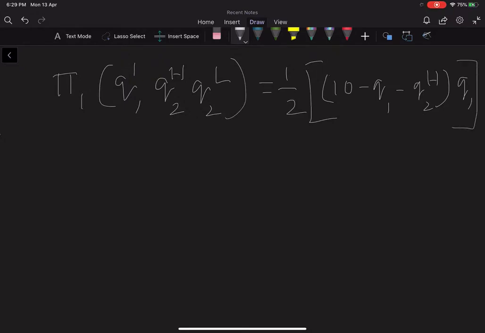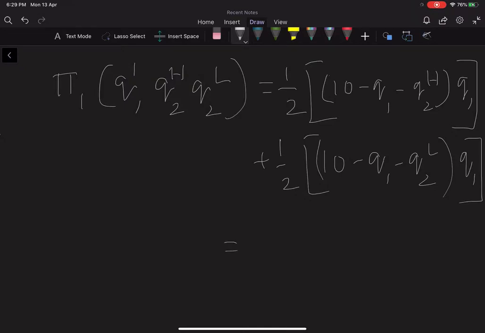So that is the profit in the event that nature has moved high type, plus half times 10 minus Q1 minus Q2L times Q1. Okay.